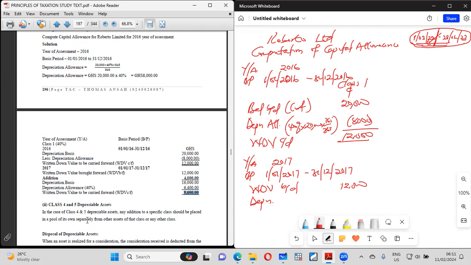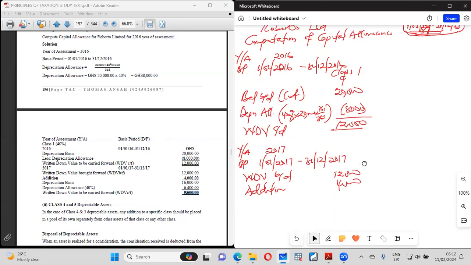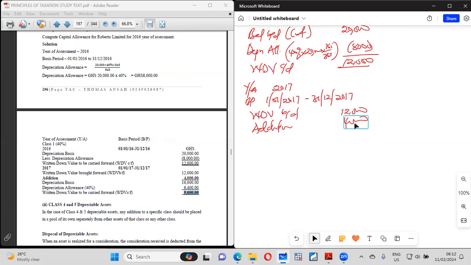But like I told you, in the case of class 4 and 5, any addition to a specific asset should be placed in a pool on its own. So we won't be adding the way we add for the class 1 to 3 assets. You see here, if there is an addition, you saw that it is added here. But in class 4 and 5, we don't add here.